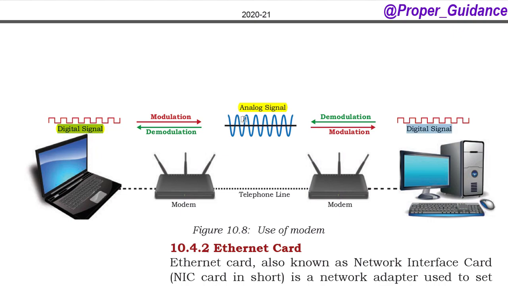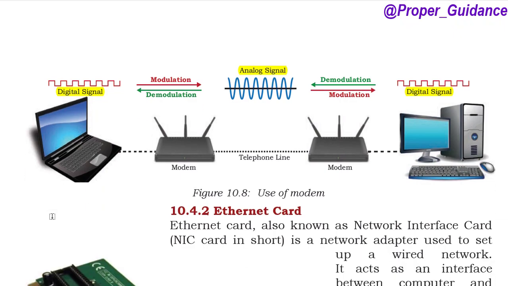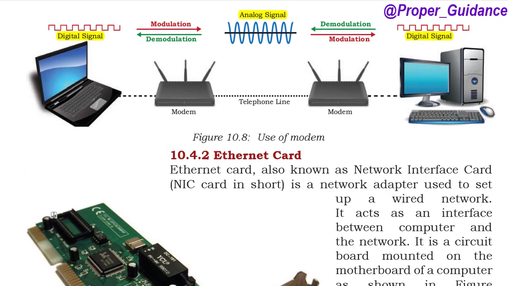This is analog signal. After that, telephone line is here, another modem is there, and when it passes through this modem, again a modulation happens, and this analog signal is converted to the digital signal, and the receiver will get that particular digital signal, and vice versa. When this machine is acting as a sender, the same thing happens for the receiving machine also. So this is the use of modem.